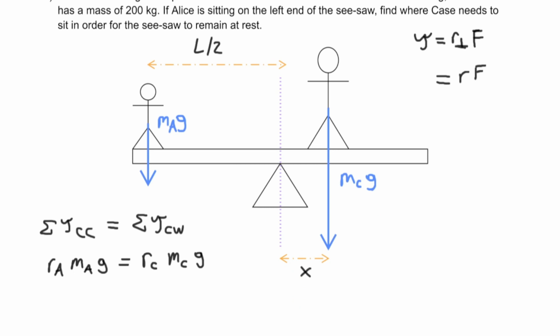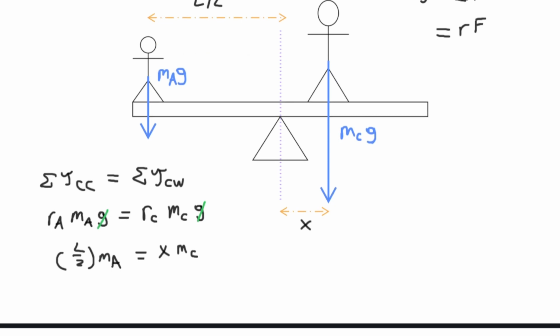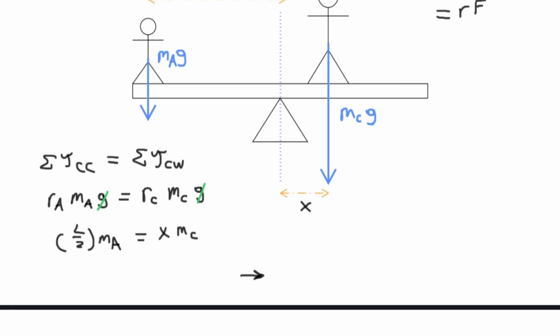G cancels, which is interesting for a lot of these static equilibrium problems, that it doesn't even matter what planet you're on. And solving this out, you can see that if Alice is at L over 2, and Case is at a distance of x, then x is just going to be equal to MA over MC times L over 2.